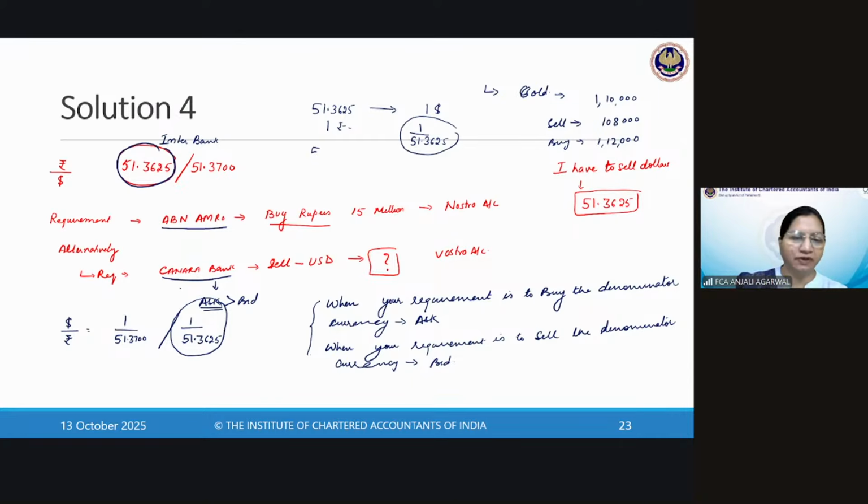If you apply the unitary method, the same thing comes. Now, you want 15 million. So the question is how much US dollar will it have to sell? 1 upon 51.3625 into 15 million. So 15 million divided by 51.3625.